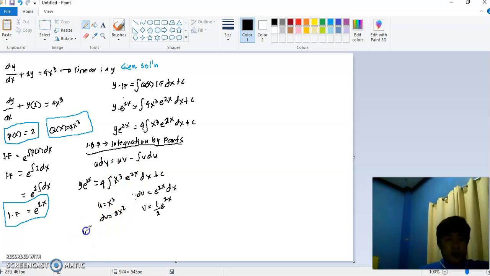You have y e^(2x) equals 4 times uv, that is x cubed times 1/2 e^(2x), minus the integral of v, that is 1/2 e^(2x), du, that is 3x squared dx. Okay, simplify it.